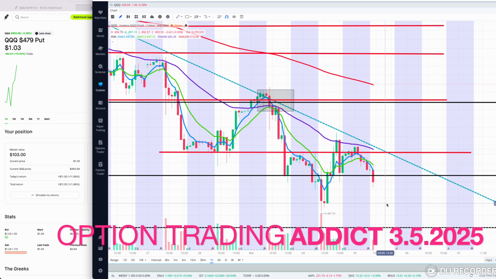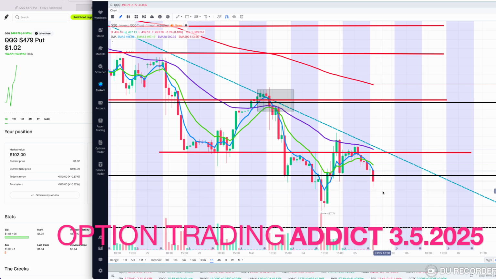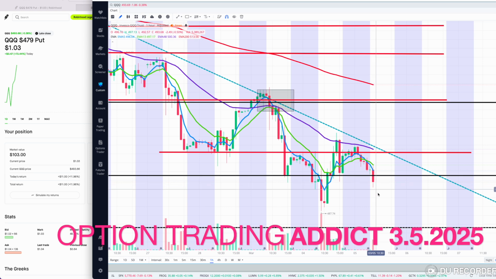And we're not really in the breakdown just yet, because like I said, this is kind of in between trying to maybe continue to break down, or it's in between trying to reverse. So just trying to gauge what is exactly going on here.